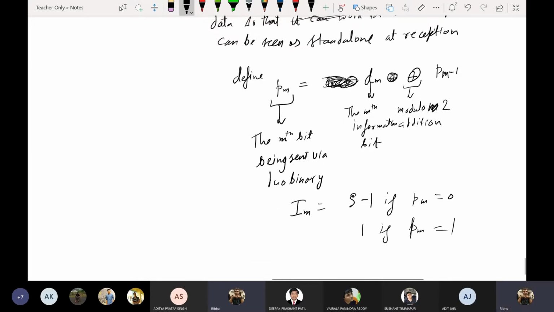Or rather, IM equals 2 PM minus 1. So DM can take values 1 and 0. DM is a bit.